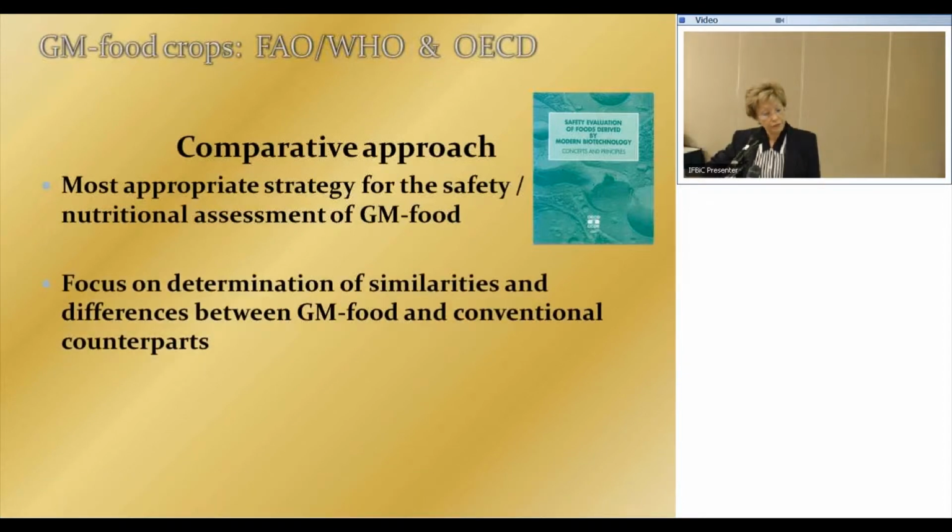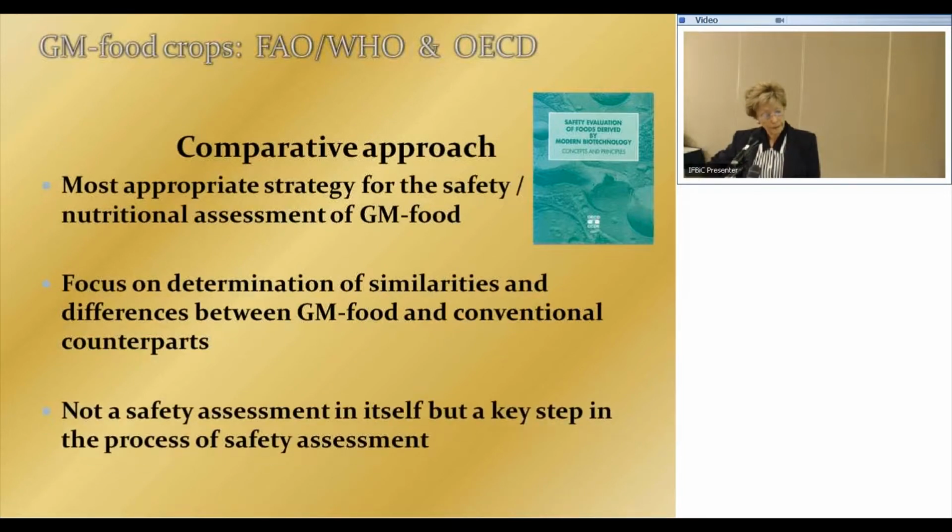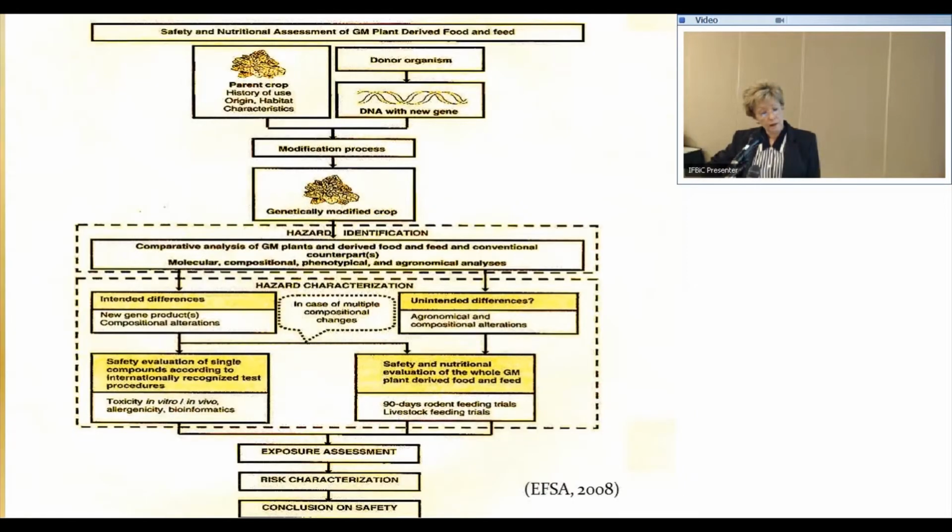It's focused on determination of similarities and differences between GM food and conventional counterparts. It's not a safety assessment in itself, but a key step in the process of safety assessment. This is from the European Food Safety Authority, putting the whole picture into context.